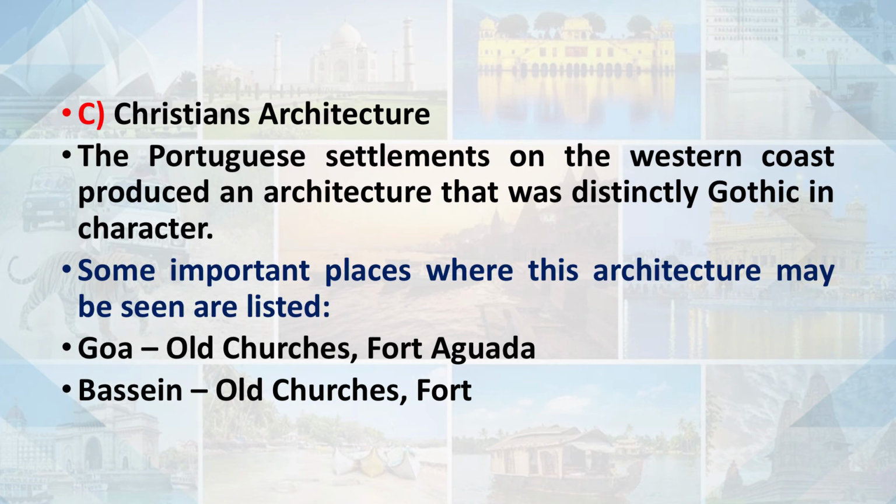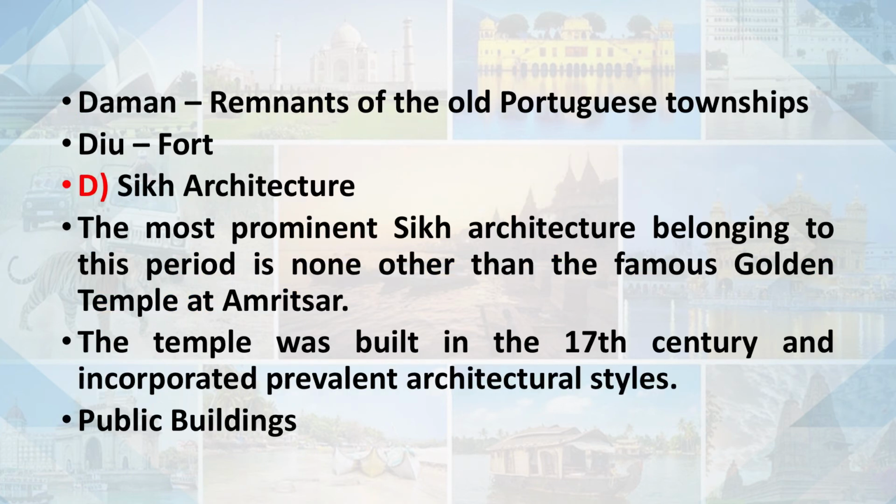Now moving from Mughal era to the Christian architecture. The Portuguese settlements on the western coast produced an architecture that was distinctly Gothic in character. Some important places where this architecture may be seen are Goa, Bassein, Daman, Diu, and these buildings can be in form of churches, forts and public buildings.